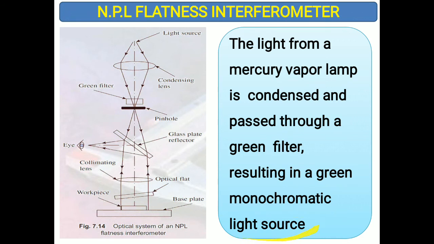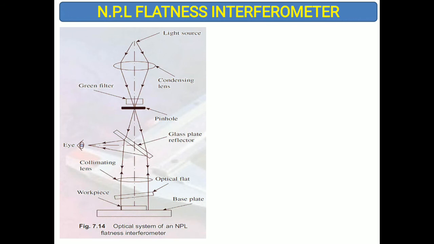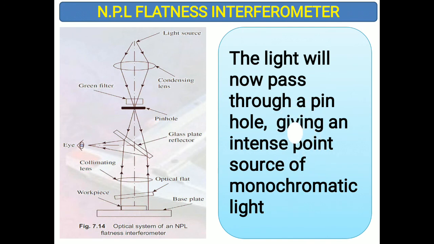Monochromatic light source means whatever the light rays, they should have the same wavelength. Afterwards the light will now pass through the pinhole. So this is the pinhole. Light will now pass through this pinhole, giving an intense point source of monochromatic light.